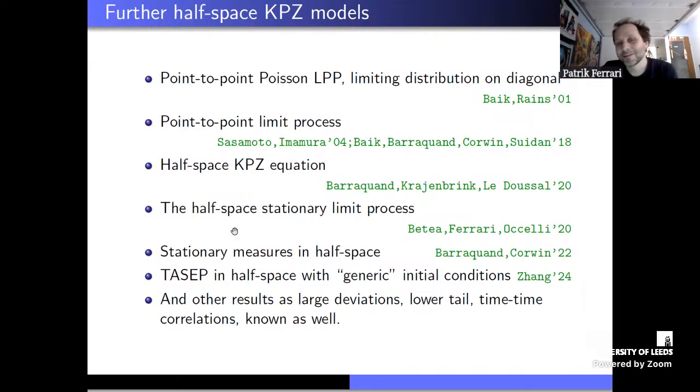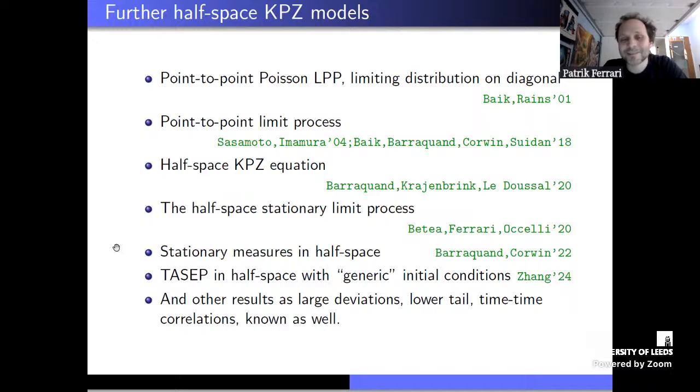Just to mention that actually, I was putting something under the carpet, because these are not all the stationary measures. These are all the stationary measures where you have IID entries in the LPP, but the class of stationary measures is a little bit bigger, there is something more. There is a paper by Guillaume and Ivan which treats this one.